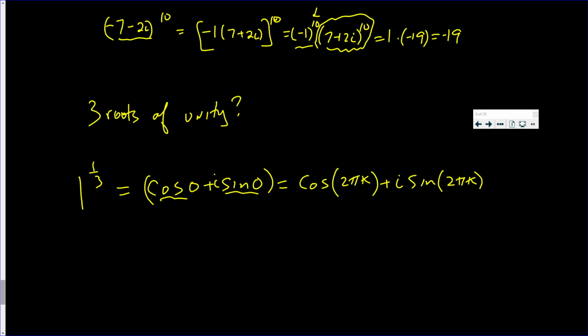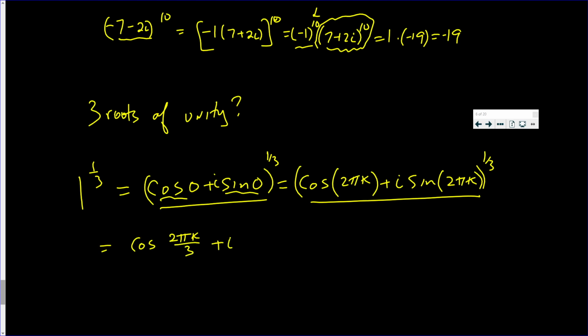Don't have to bother writing the 0. This is 1 to the 3rd. Well, this equals the cosine of 2 pi k over 3 plus I times the sine of 2 pi k over 3. Now, we should let k equal 0, 1, and 2.